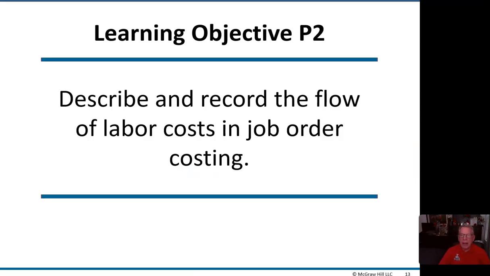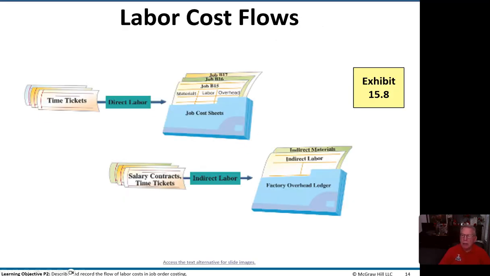Okay, now we'll take a look at describing and recording the flow of labor costs in a job order costing system. Now this is done based on time tickets. It keeps track of the amount of time that our direct labor uses on each one of these jobs. But we also have indirect labor.